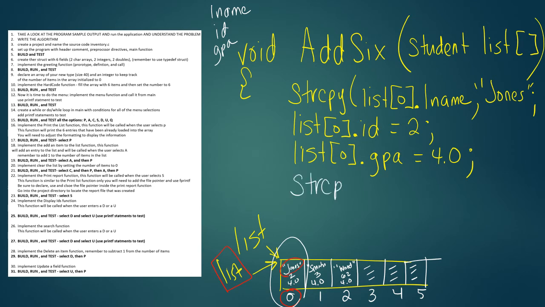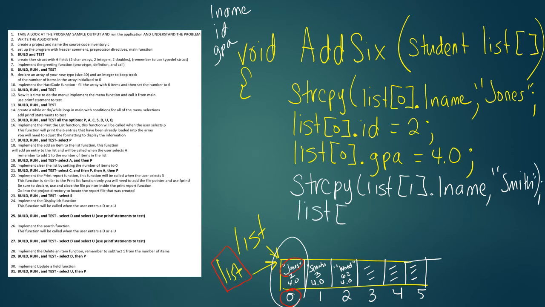So I'm going to string copy into list at index 1 dot L name Smith. And I'm going to go to list at index 1 dot ID and assign the ID. And list at index 1 dot GPA.